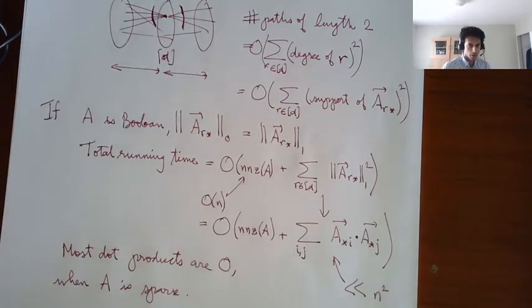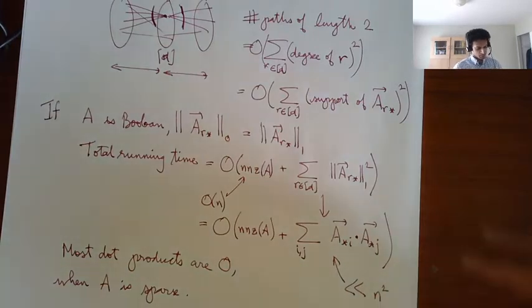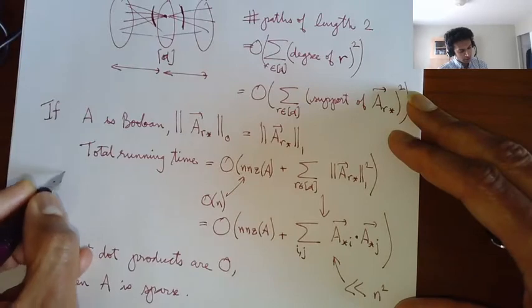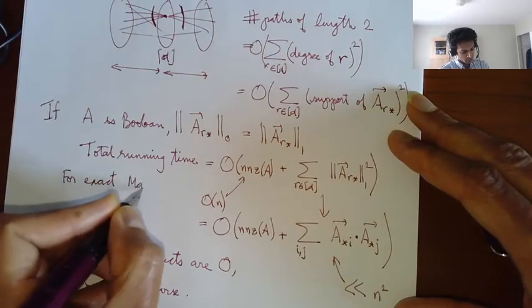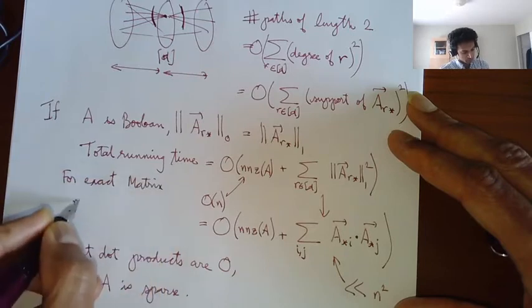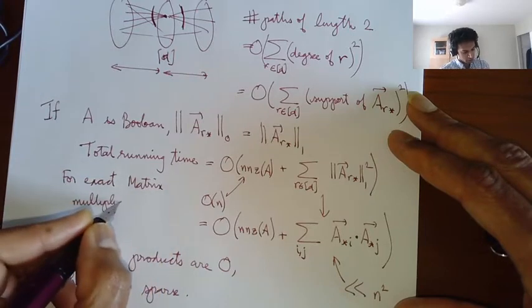When A is sparse, most of the vectors that you're looking at have constant support, and therefore they will only intersect with a relatively small number of sets. So this is the total runtime for exact matrix multiplication.